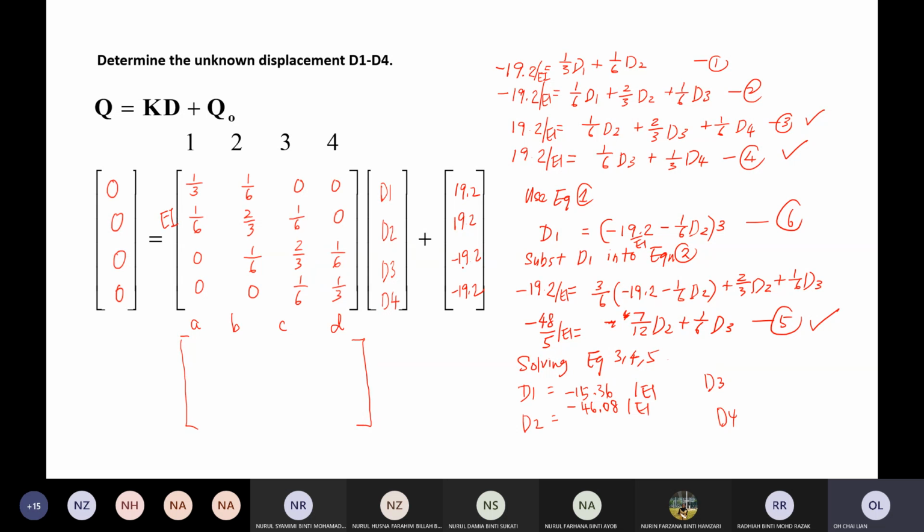Let's say we are putting equation number 3 here, then equation number 4 and equation number 5. For equation number 3, D1 will be your A, D2 will be your A. So it will be 1 over 6, B will be 2 over 3, C will be 1 over 6, and D will be 19.2.